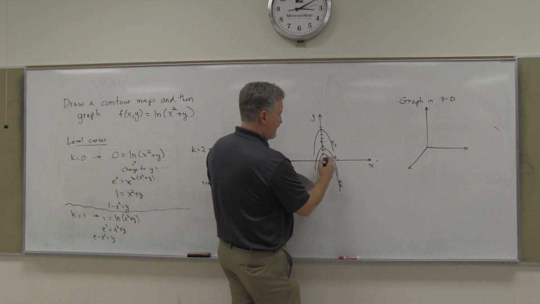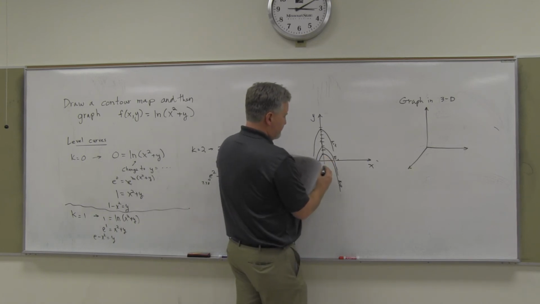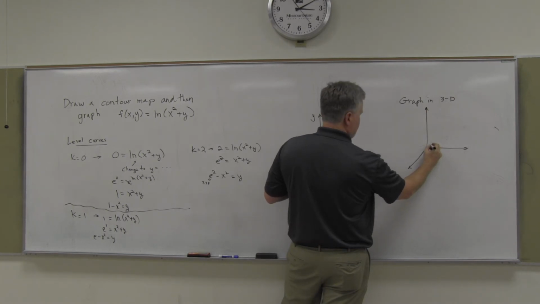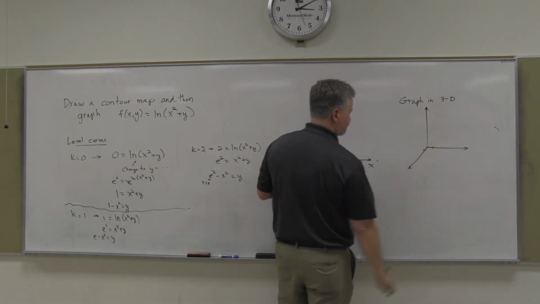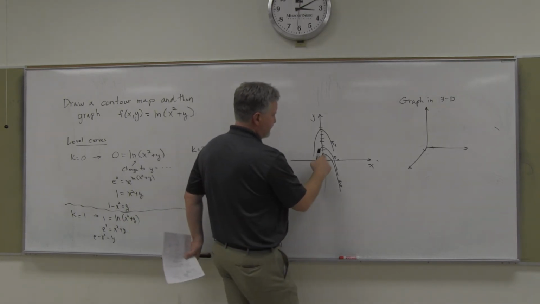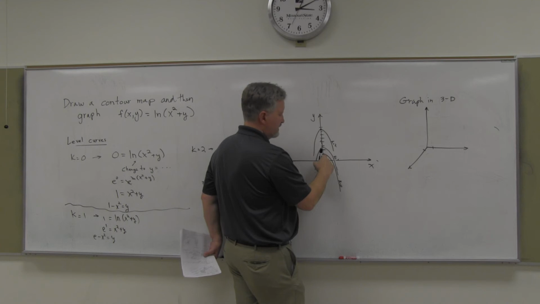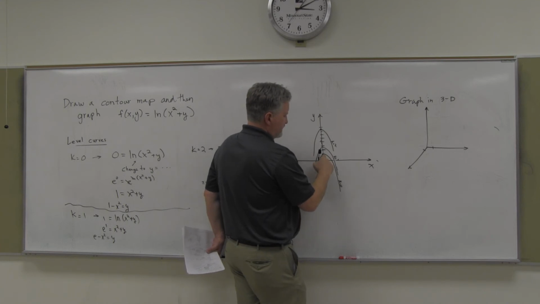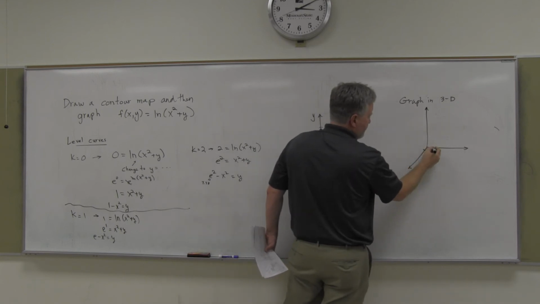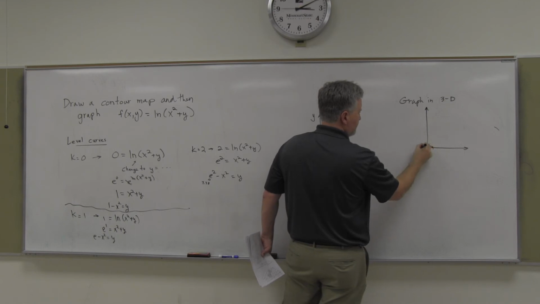Well, at z equals 0, it's shifted up in the y 1 unit. The vertex is on the y-axis, but it's shifted in the y direction here. So at z equals 0, I'm talking like this.